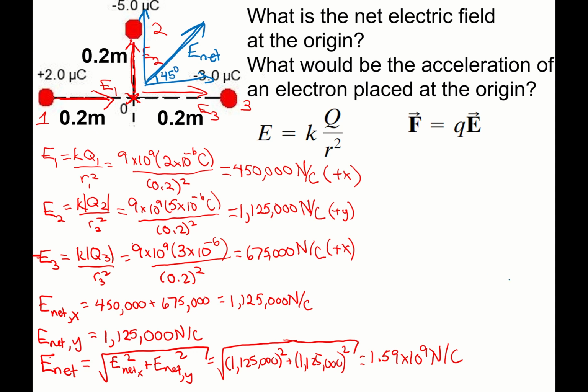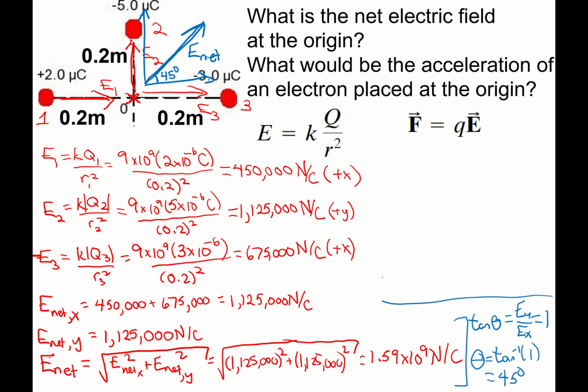If I want to calculate what it actually is, tan theta is EY over EX, and they're the same, so it's just going to be 1. So theta is inverse tan of 1, which is 45 degrees. So if they weren't equal, that's what you would do. If they're equal, you can just say, by inspection, that's going to be 45 degrees.